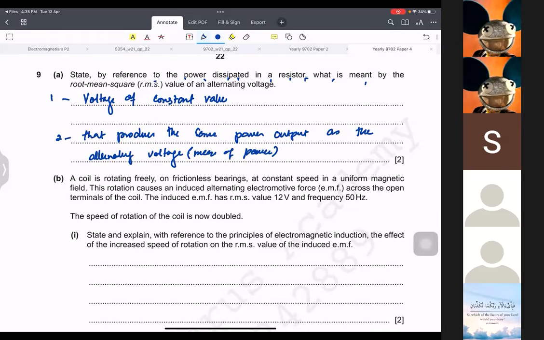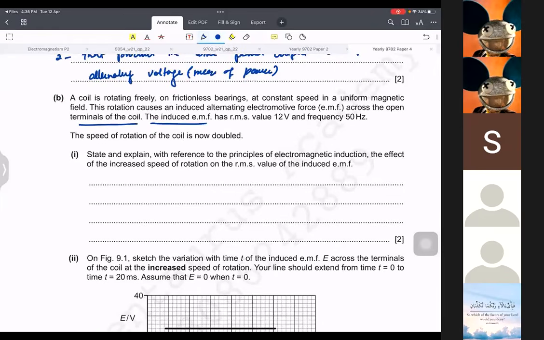Okay sir. The coil is rotating freely on friction bearings at a constant speed in a uniform magnetic field. The rotation causes an induced EMF across open terminals. The induced EMF has the RMS value of 12 V and a frequency of 50 Hz. Speed of rotation is now doubled. State and explain, with reference to the principle of electromagnetic induction, the effect. Okay.